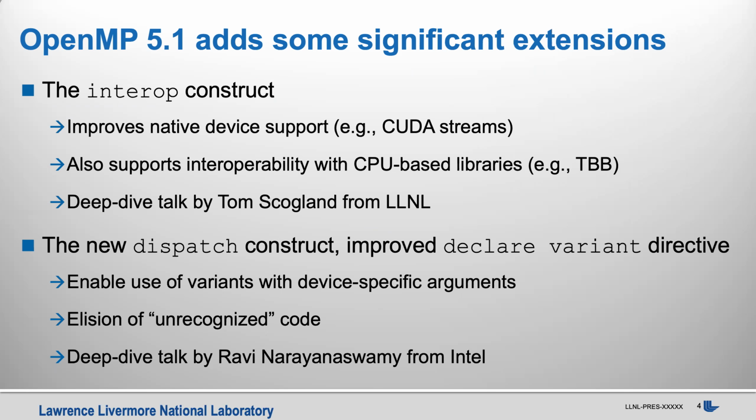In addition, we have added further declare variant support that allows you to mark regions of code that should be compiled for specific OpenMP contexts, which will generally apply for, say, a specific kind of device, but be elided in any context that doesn't match that context.